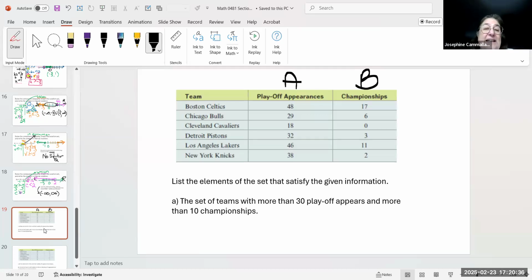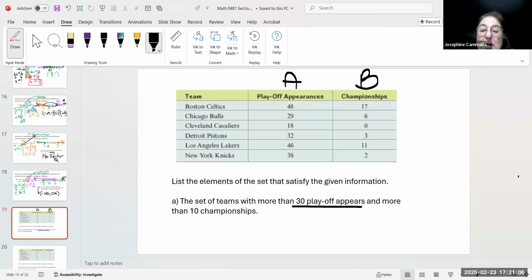Now, list the elements of the set that satisfies the given information. The set of teams. So that means the teams are what we're going to be giving as answers. With more than 30 playoff, and it should say appearances, and I don't know why it doesn't say that.